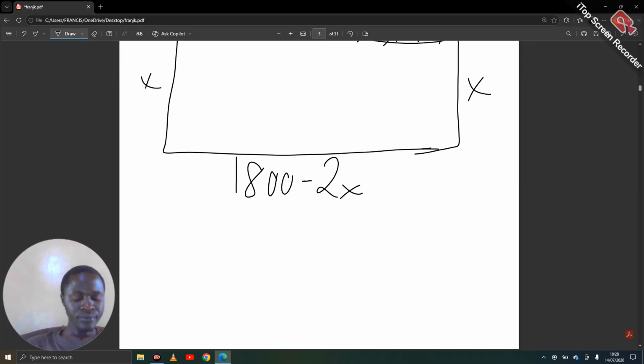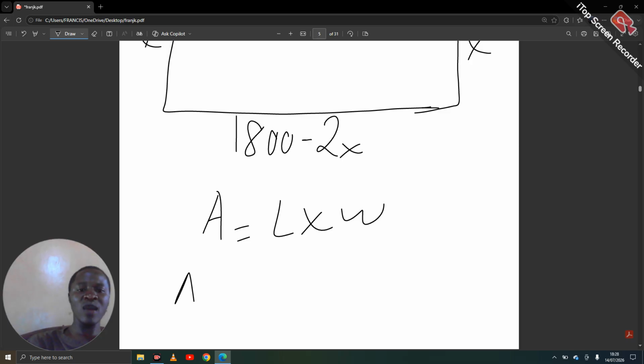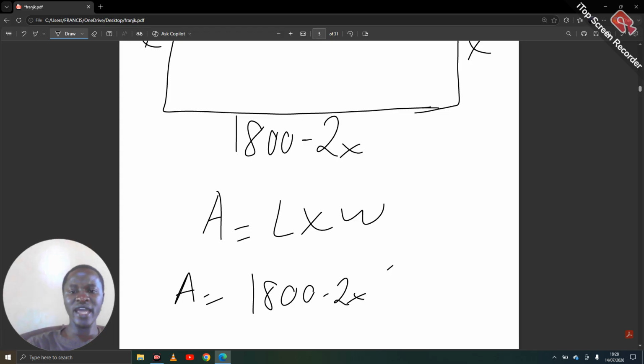How do we get the area of a rectangle? Length times width. So area will be the length, which is 1800 minus 2x, into x.